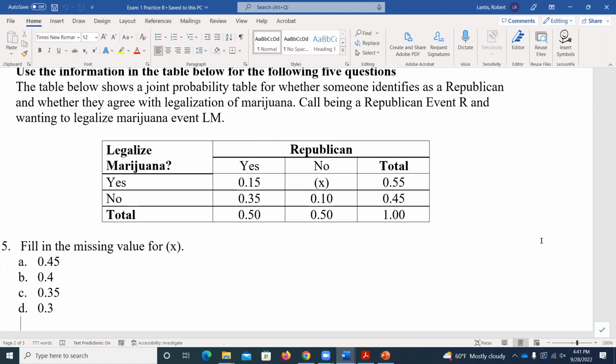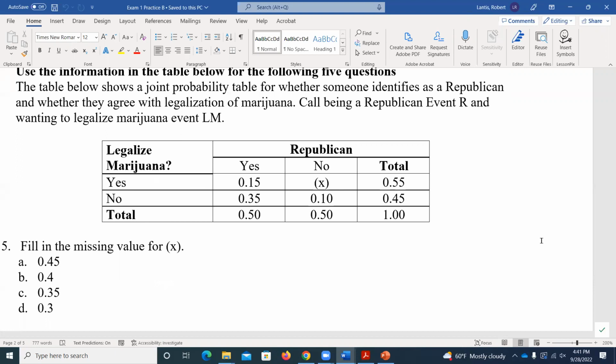Is this a complement or is it just? So this would be the complement. So this is where the way I wrote this, if you wanted to write this out as, instead of LM complement, you could think of this as LM is equal to no, right? Or Republican is equal to, sorry, not 0. No. So here, what would be the probability they don't want marijuana legalized?